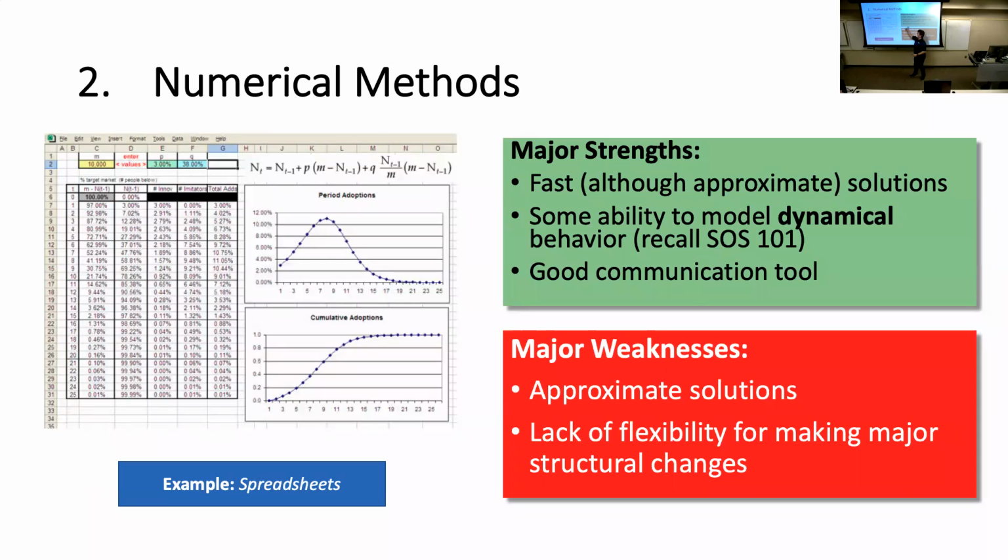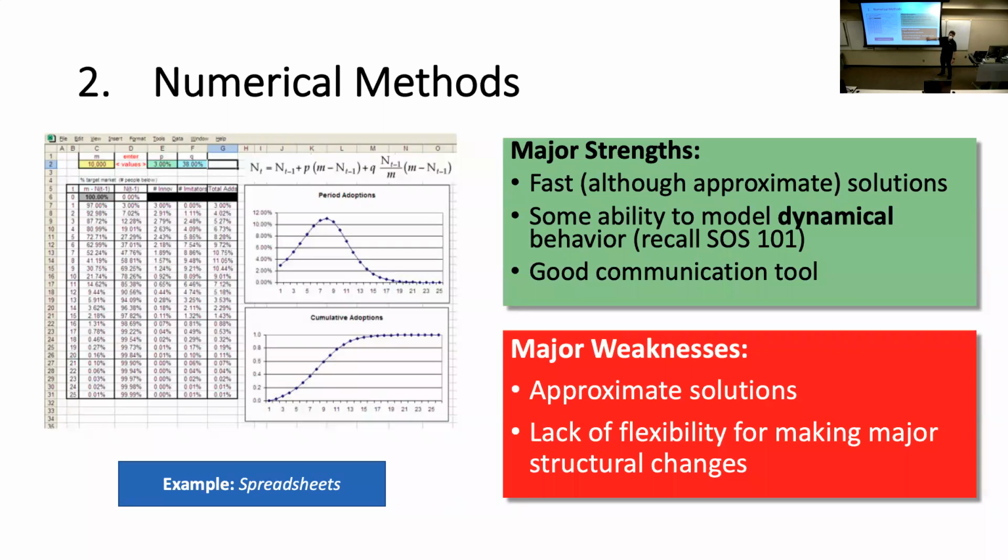And so we're not making a claim about the mathematical form of what these are, but we're looking at the trends over time. So numerical methods are ways where we get rid of all of the mathematical certainty to allow us to examine things at a smaller time scale, which is good. And it's a better communication tool because the outputs are plots. But the downside is these are approximate solutions as opposed to the exact solutions we get in the math case.